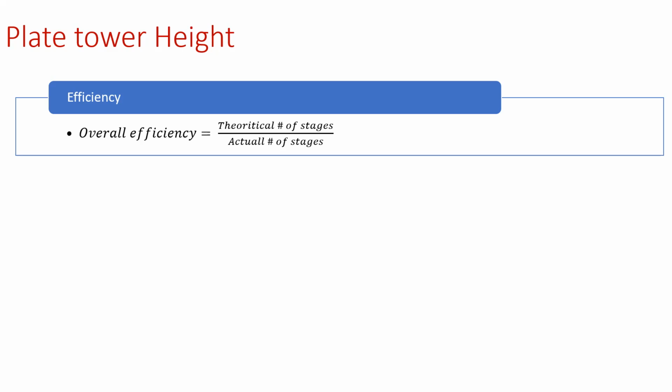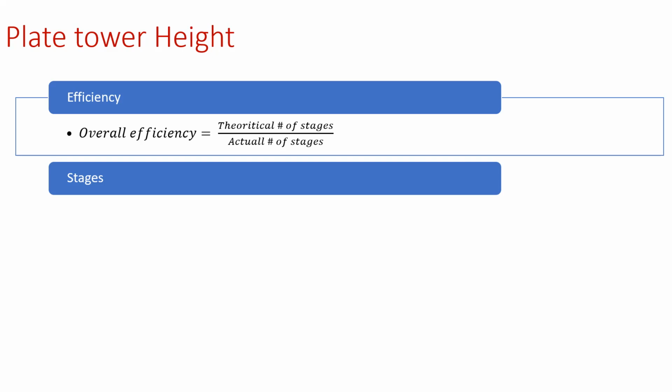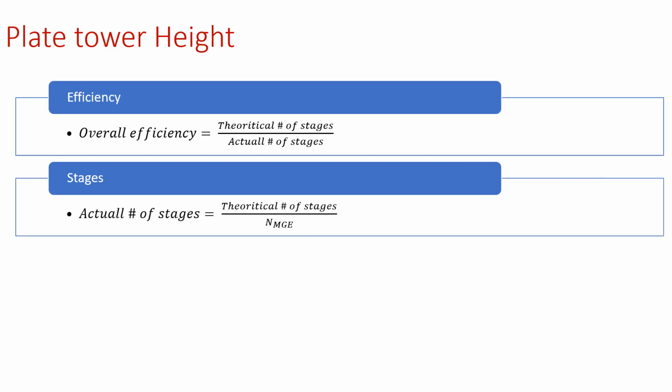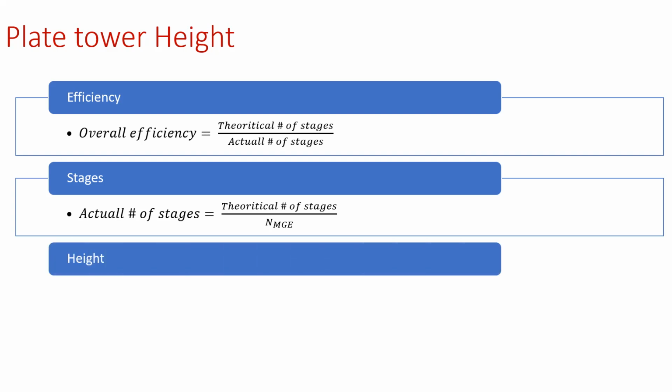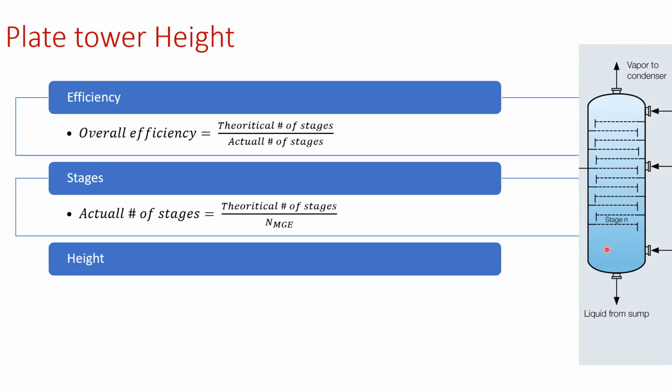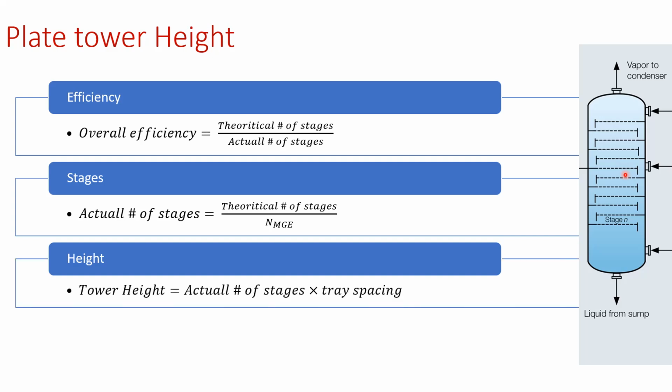So once we calculate the overall efficiency, now we can calculate the actual number of stages, which will be equal to theoretical number of stages divided by the overall efficiency. And once we know the actual number of stages, it is easy. We have the number of stages, we have the spacing between them, so the height of the column will be equal to the actual number of stages multiplied by tray spacing.